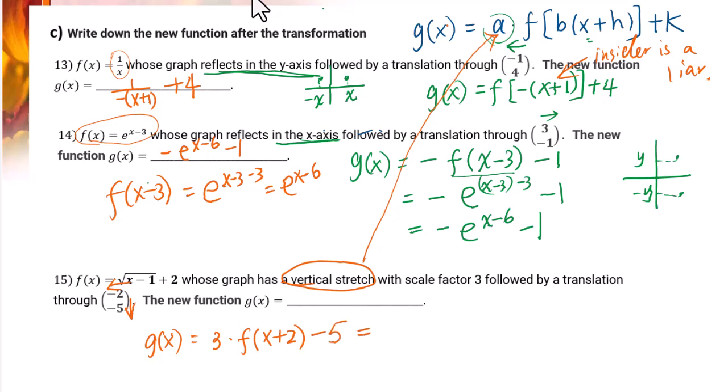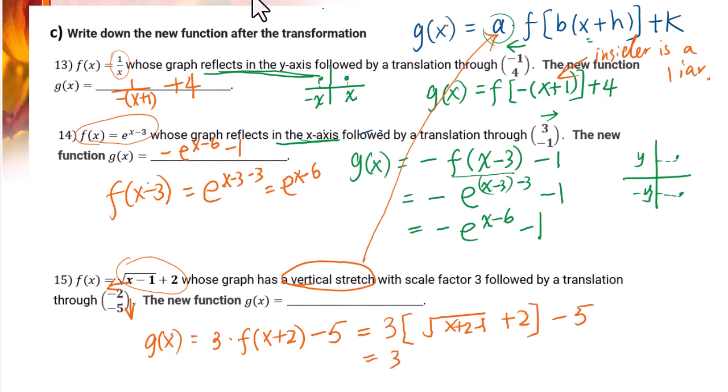F of x plus 2. Every single x in this function will change into x plus 2. 3 square root of x plus 2 minus 1, then plus 2, minus 5.